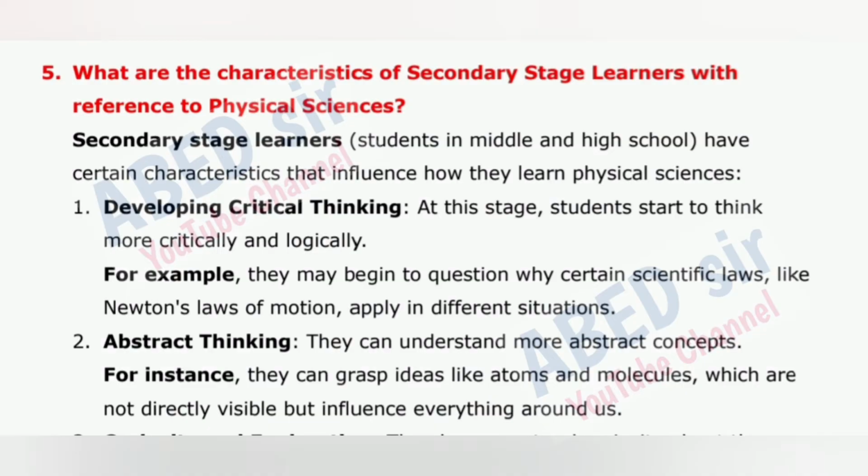For example, they may begin to question why certain scientific laws, like Newton's laws of motion, apply in different situations. 2. Abstract thinking. They can understand more abstract concepts. For instance, they can grasp ideas like atoms and molecules, which are not directly visible but influence everything around us.